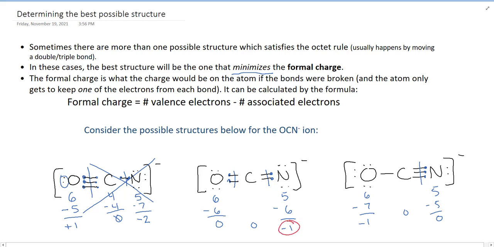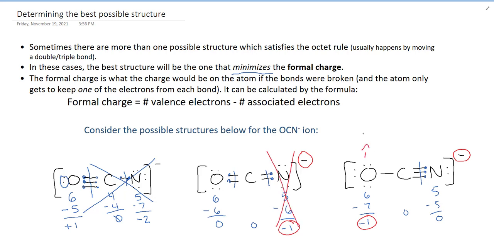It's impossible to have all zeros for formal charges when you have a charge on the molecule, because the sum of the formal charges has to add up to the charge on the molecule. But the question is, who should get the negative charge, the nitrogen or the oxygen? For this case, the oxygen should get the negative charge, not the nitrogen. Why?